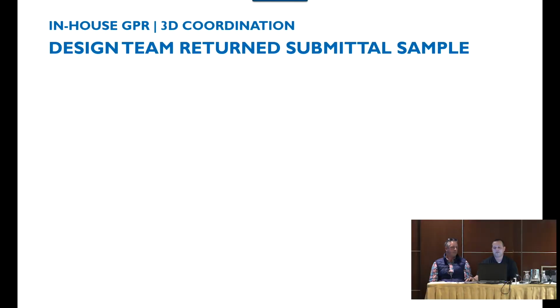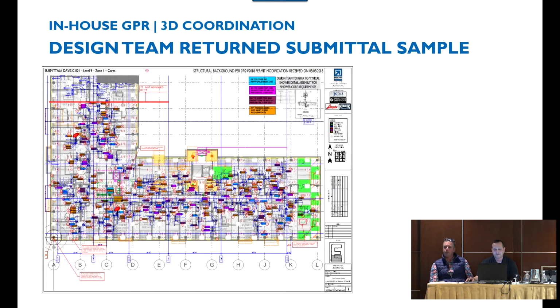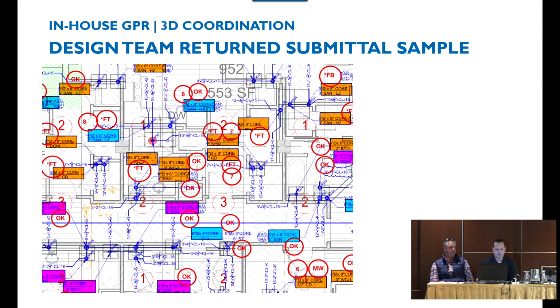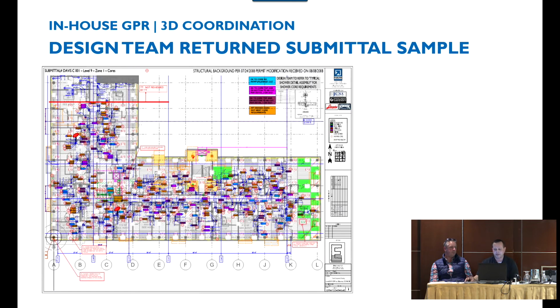So with regards to the return submittals, this is what comes back to us from a sample. Here's a blow-up. You'll notice here real quick, the new structure is going to be shaped like a number 3 or a letter E. So the whole idea behind this was to capture and approve as close to 100% of these cores by zone.